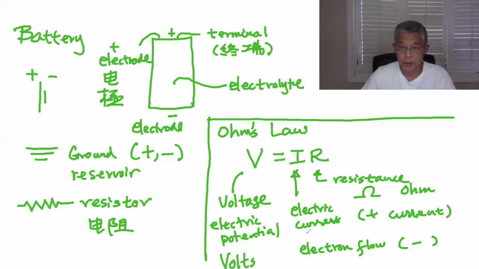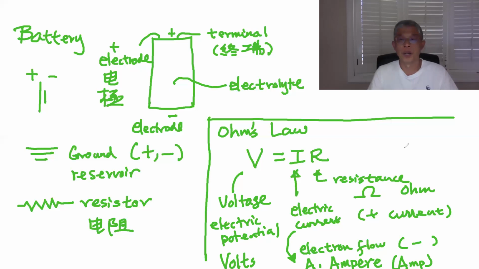And for the current, the unit is the amp, ampere, A-M-P-E-R-E. Or sometimes people say amp, A-M-P, okay? Okay, all right, so I'm going to erase and I'm going to continue talking about the ohmic material.